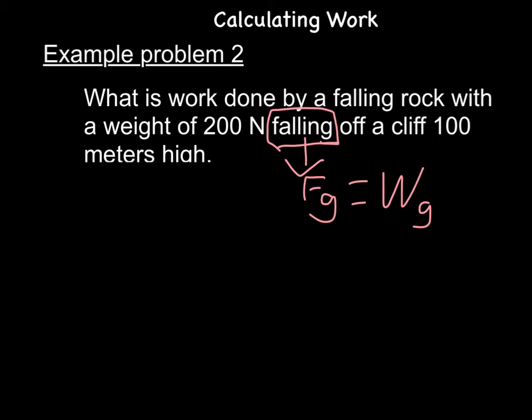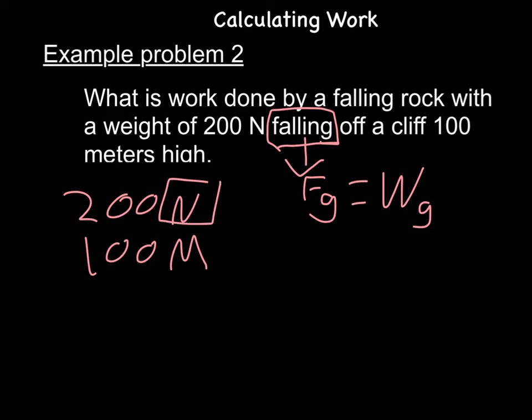Now let's look at our numbers though. First thing we're going to do is collect our numbers. So we've got 200 newtons and we've got 100 meters. When we look at this, we want to think about what units I need.